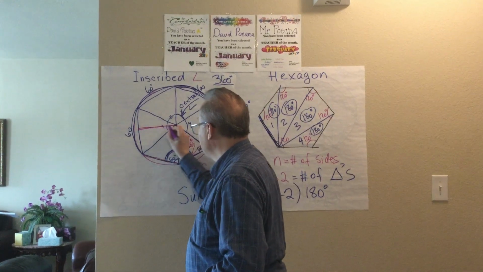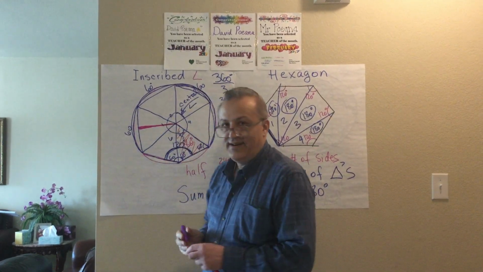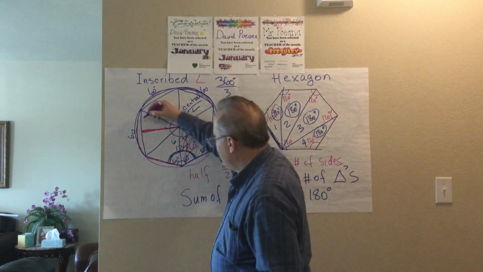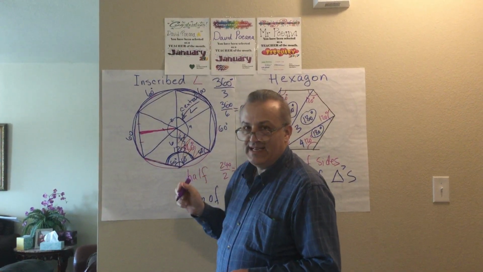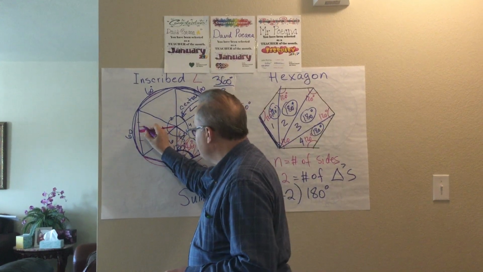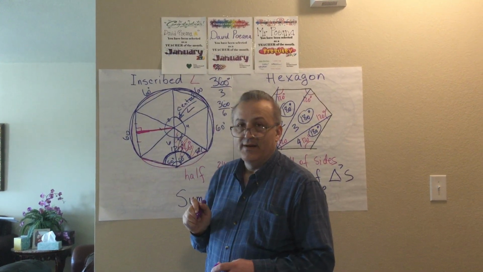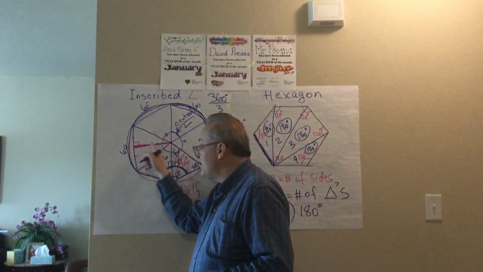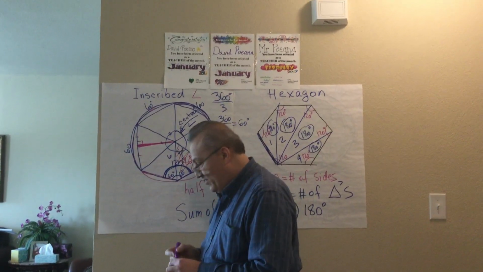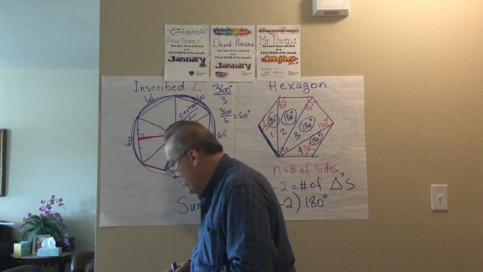What is this? Did I hear anybody say because it splits the side in half, it's a bisector? And because it makes here 90 degrees, it's an angle bisector? Is it also a perpendicular bisector? Is it also a median? Whoa!